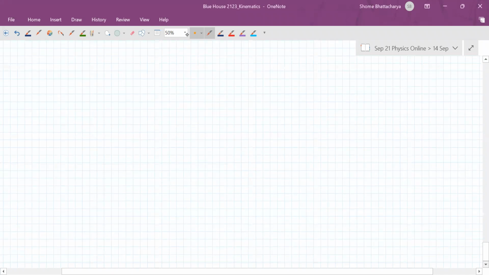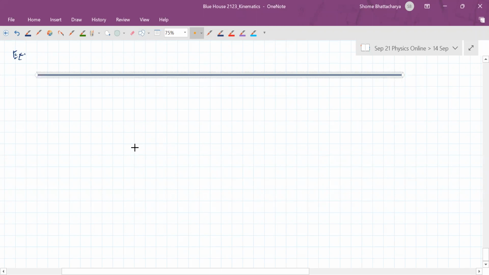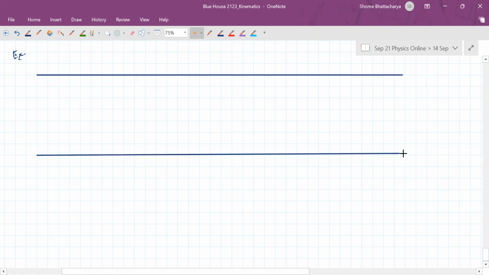Okay. Now let's look at another example of relative velocity. Okay. So in this next example, again we have a situation like this.